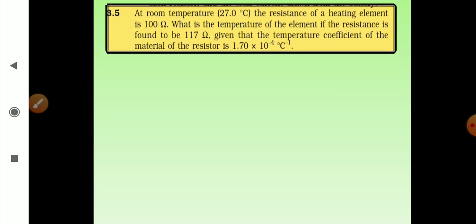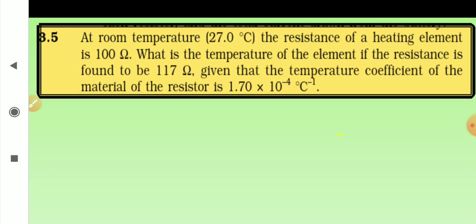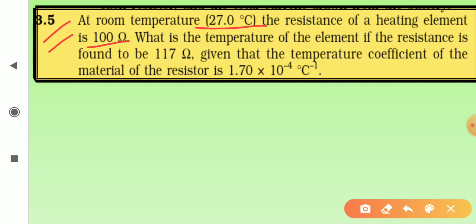So next one is based on effect of temperature on resistance and resistivity, right? So this is problem number 3.5 from NCERT book. At room temperature, that is 27 degrees Celsius, the resistance of a heating element is 100 ohm.